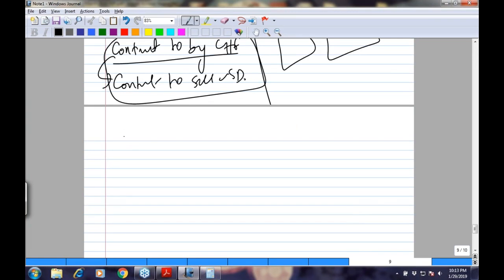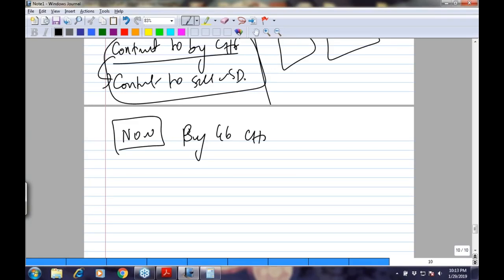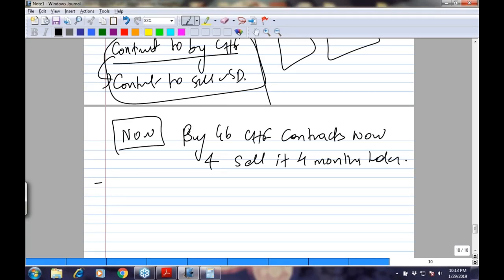Okay, so now you have created the hedge, which is you have bought 46 CHF contracts now, and you will sell them 4 months later. So you bought 46 CHF contracts now and you will sell them 4 months later.